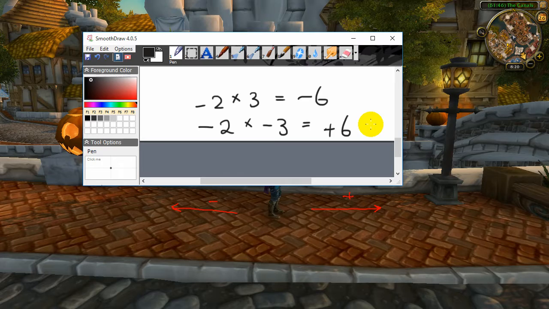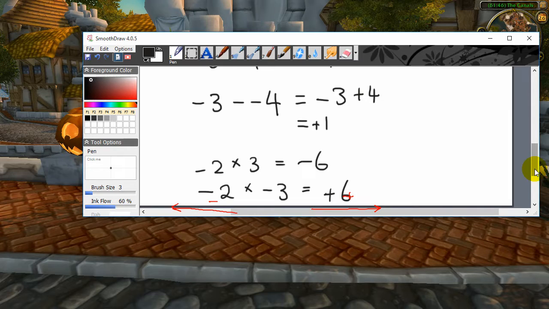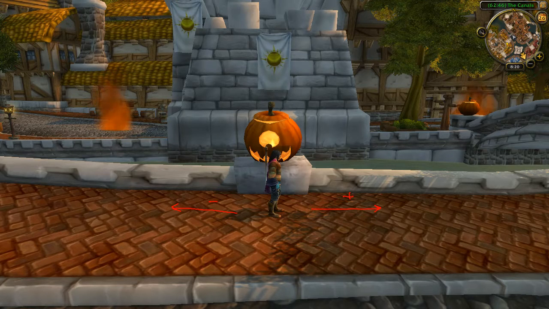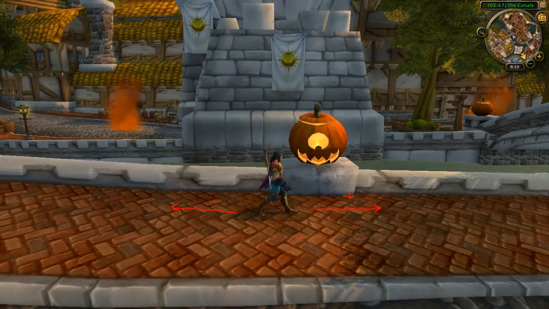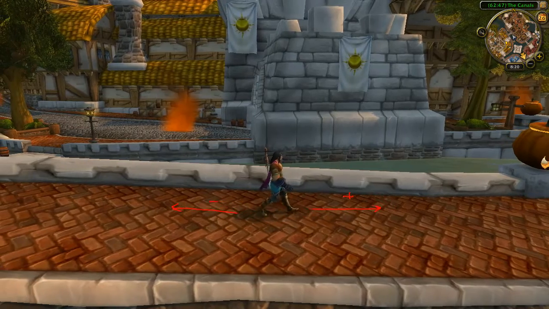And actually, we forgot to do division, didn't we? So division has the same property as times. So if I have -10 divided by 2, that's basically saying, okay, I'm going to walk back 10 steps. 1, 2, 3, 4, 5, 6, 7, 8, 9, 10.